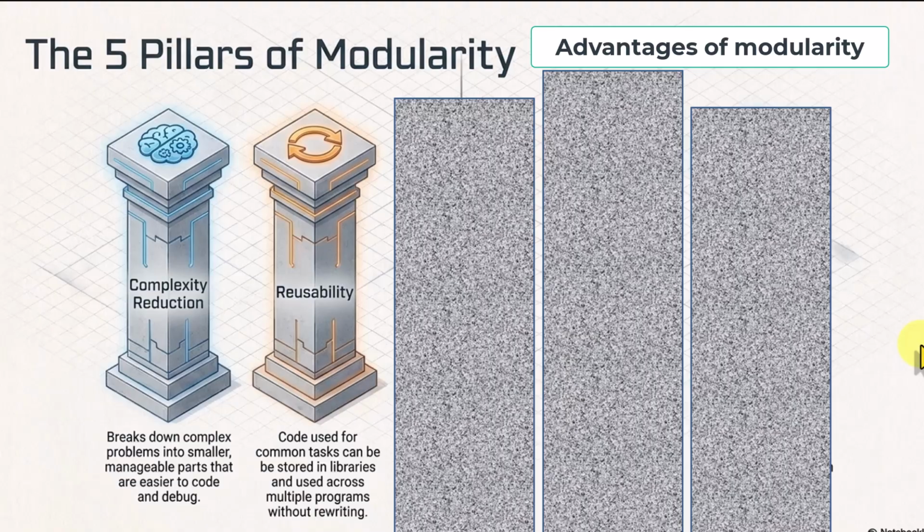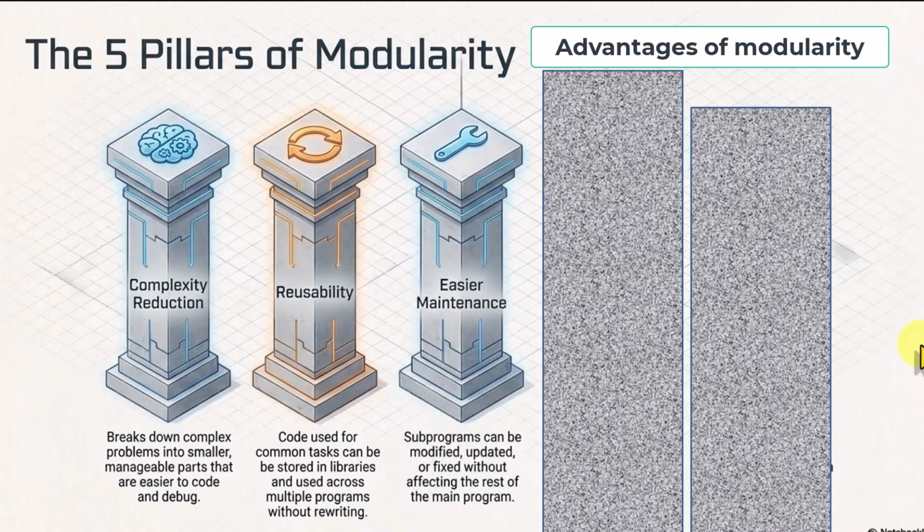If you use modularity and you use different files for different parts of the program and subprograms inside them, you can use them as many times as you can. The next one is easier maintenance. See, subprograms are smaller and simpler, so if there is any error inside them it can be fixed more easily than in a very large program with all the code written in one place, okay?